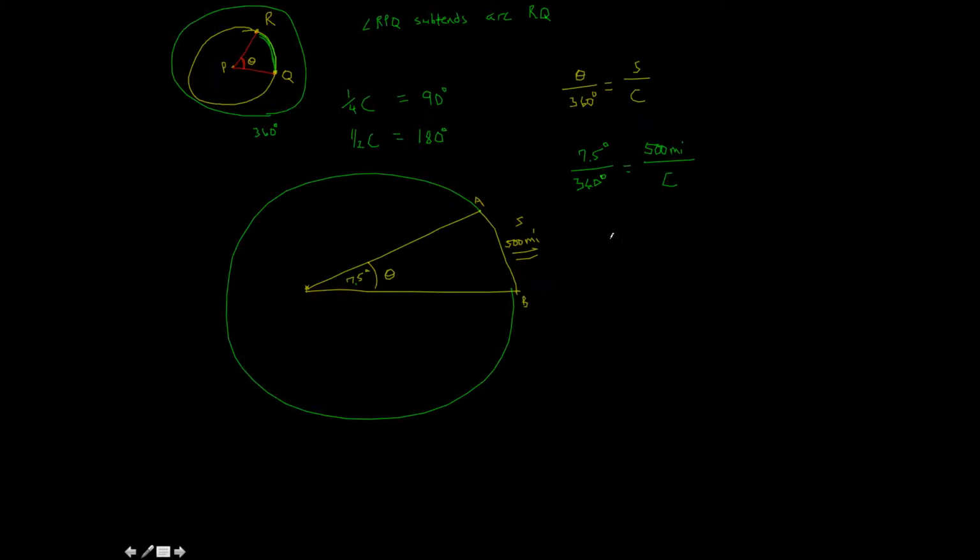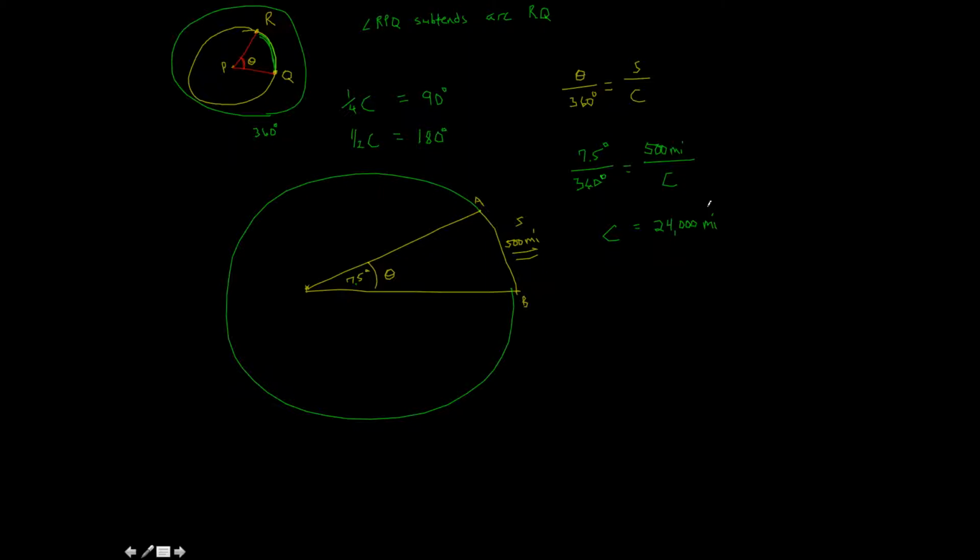Cross multiply and divide, and you will get your C to be approximately 24,000 miles. Now, if you were to calculate the circumference of the earth today, it's 24,875 miles. So that's a pretty good estimate.